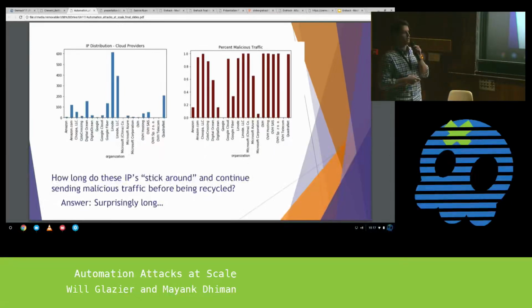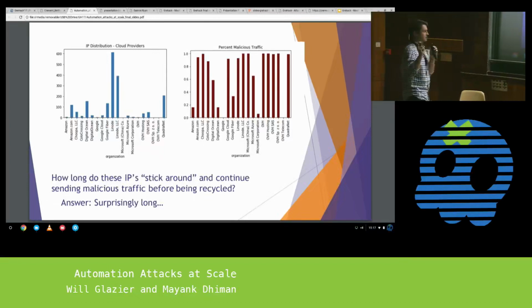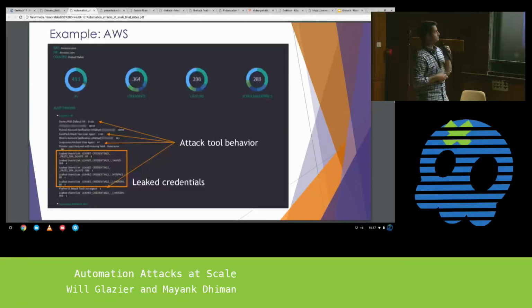And also that same 80% showed up more than 1 week or 1 month before these attacks. So the IPs are surprisingly sticky, and you can gain more value than you might think by using those kind of blacklists.